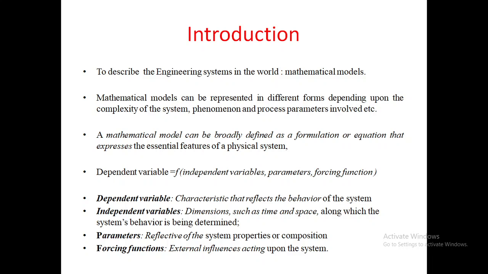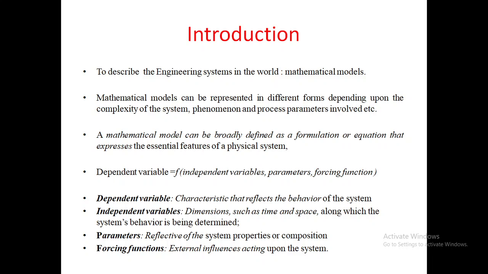Dependent variable means the characteristic that reflects the behavior of the system. In the independent variable, we consider dimensions such as time and space along which the system behavior is being determined.